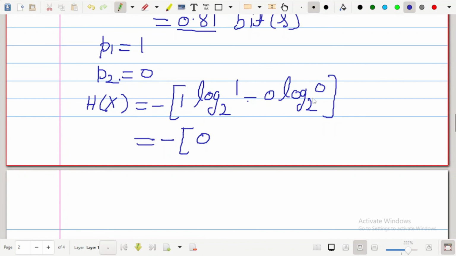Here the value of log 0 is undefined, but we are taking it as 0 here. So that means there is no uncertainty, always head will come.